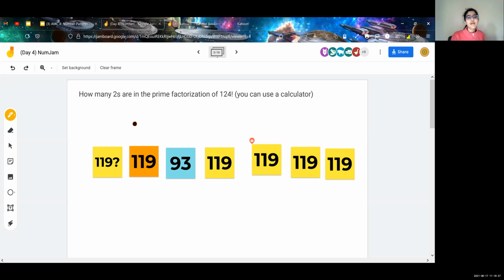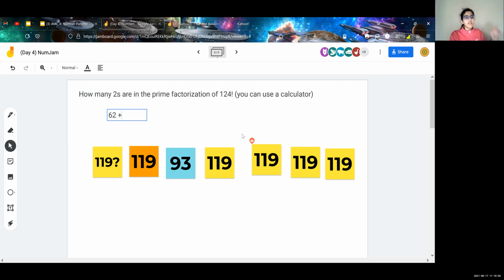Okay, so anyway, I see 7 answers on this, so I'm going to explain it. You do 124 divided by 2, right? Let me just type this. 124 divided by 2 is equal to 62.